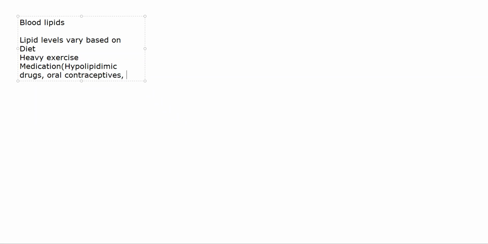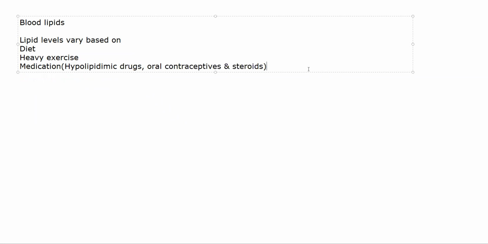Estrogen messes up your lipid metabolism. That is why the result might be varied. And steroids, corticosteroids. So these are some of the factors that will affect it, and also excessive alcohol consumption.